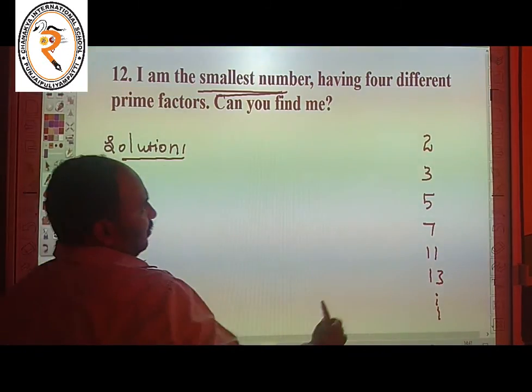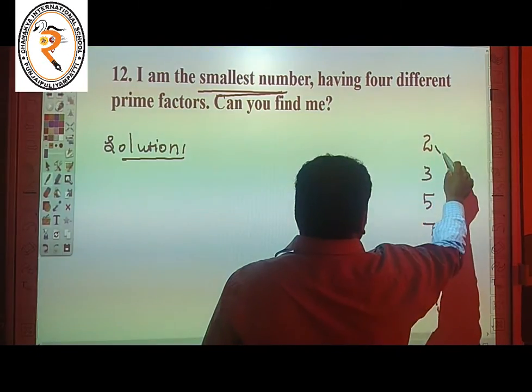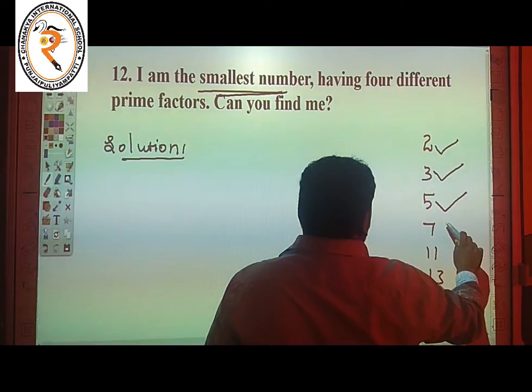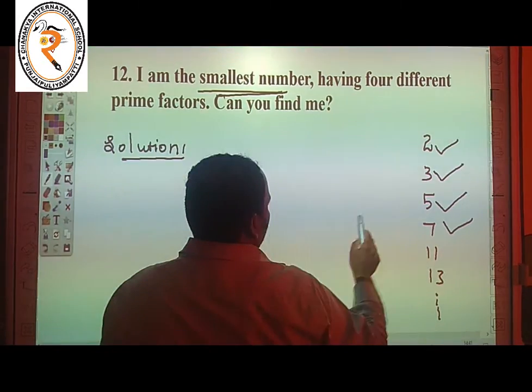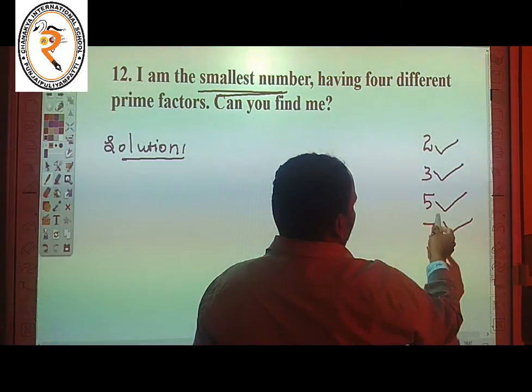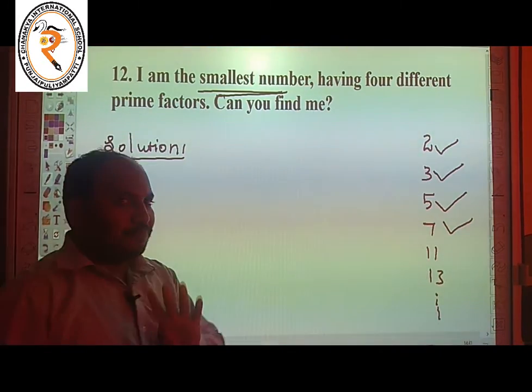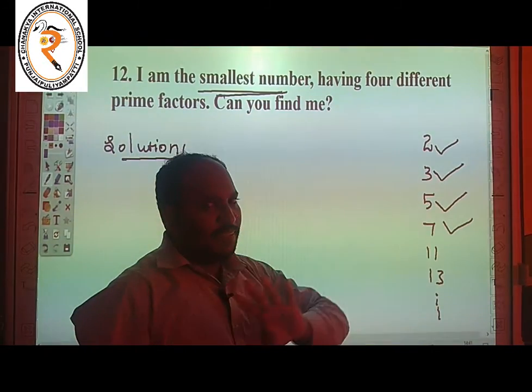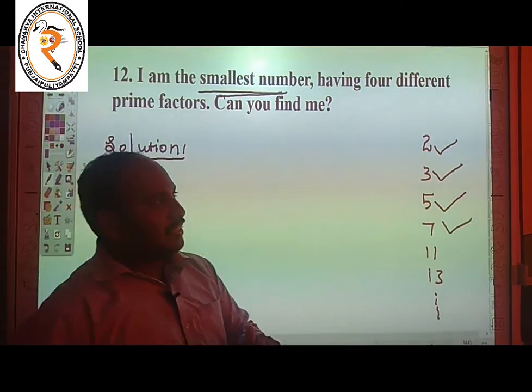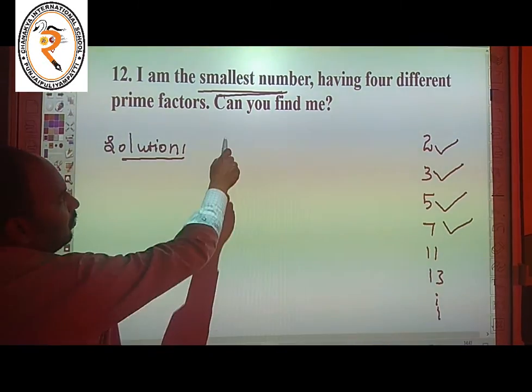The smallest number has 4 different prime factors, 2, 3, 5, 7, and it is the smallest.